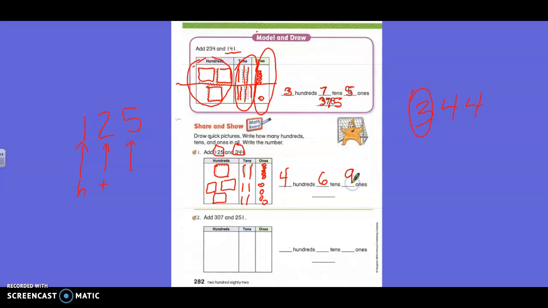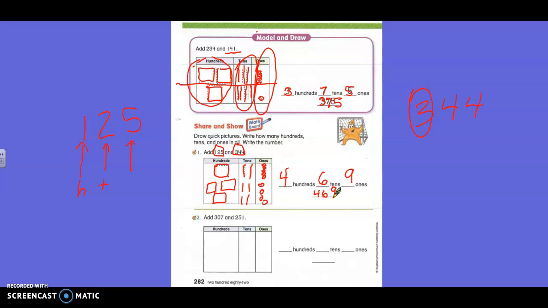Okay, so if we put these numbers together, 4, 6, and 9, what do we get? 469. So write that down as the answer. Okay? Does that make sense to you guys? How we're going to do that?